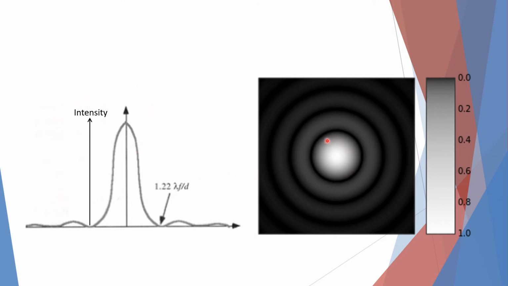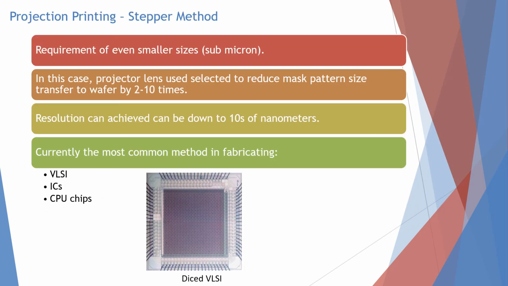Usually the intensity of the light will be maximum around here. But then there is still some intensity of the light on the side here. So in order to do the focus printing, you have to consider the calculation of the L here.